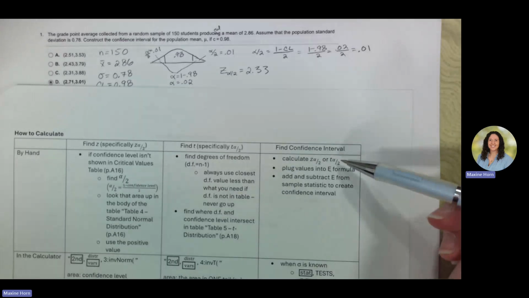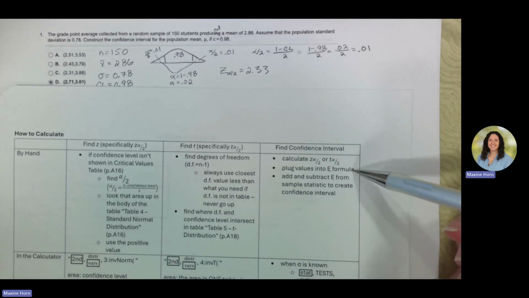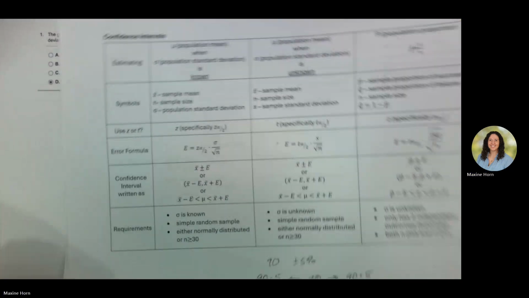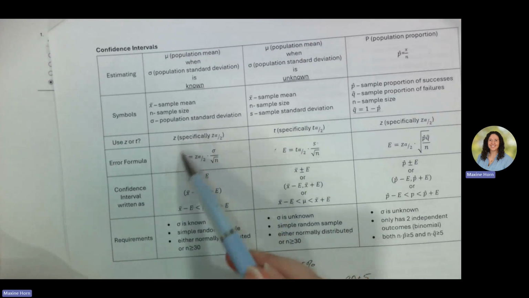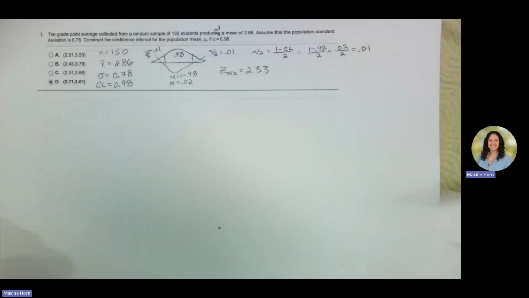All right, so we calculated our z alpha halves. Now that we have our z alpha halves, we're going to plug it into our error formula. Okay, so again, going back to our formulas, we found our z alpha halves. Now we're going to plug it into our error formula.